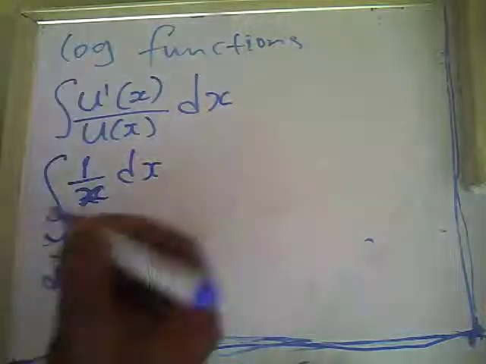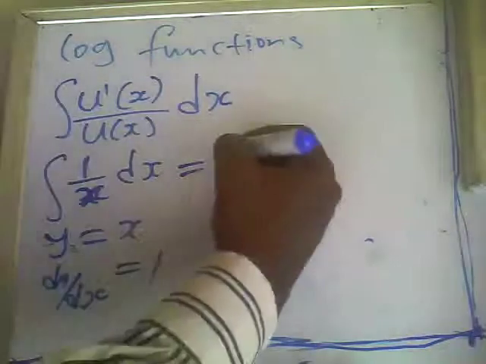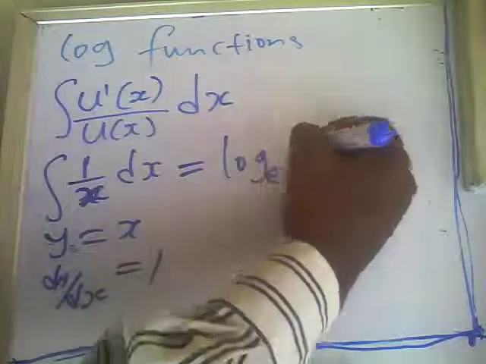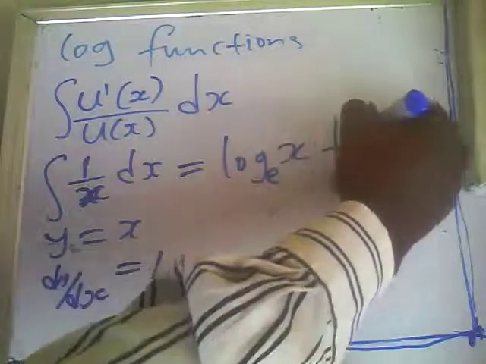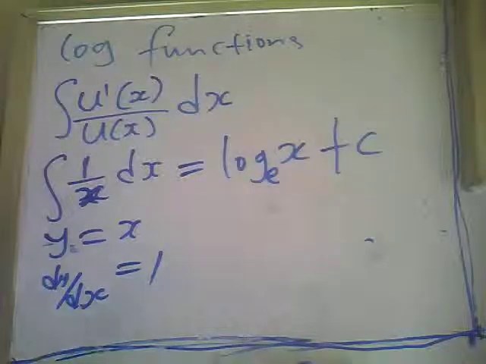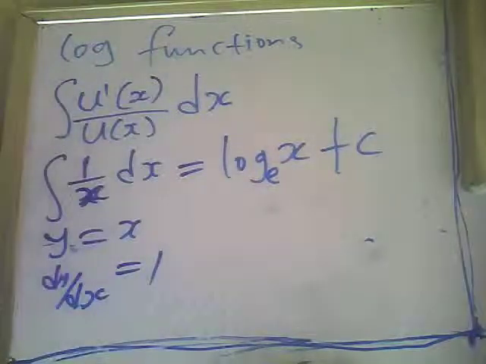In that case, the integral of this integrand is going to be the natural log of the denominator plus the constant of integration. How do you understand that? You just relate the numerator and the denominator and see how they are connected in terms of differentiation. That is just it.